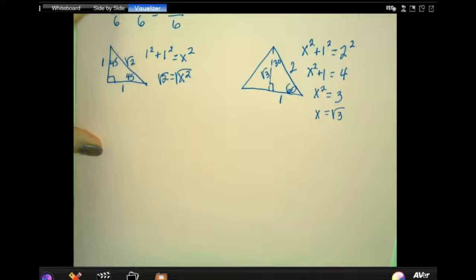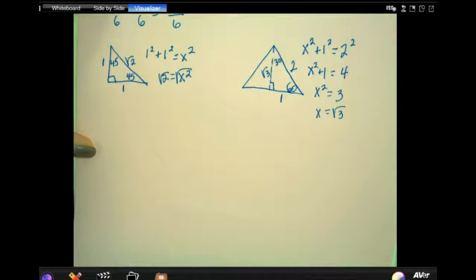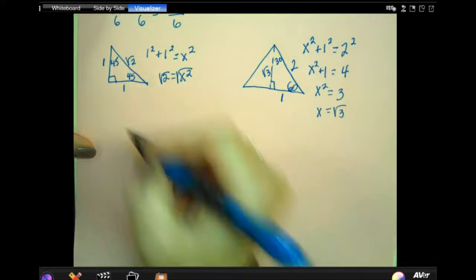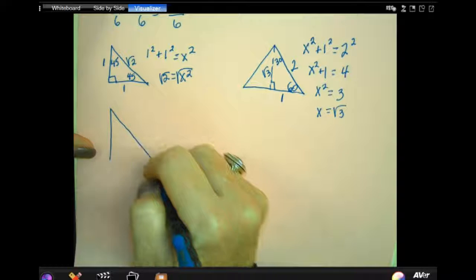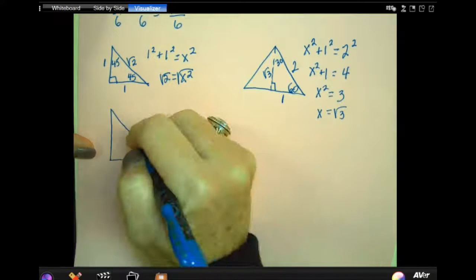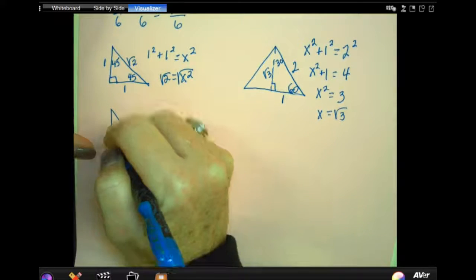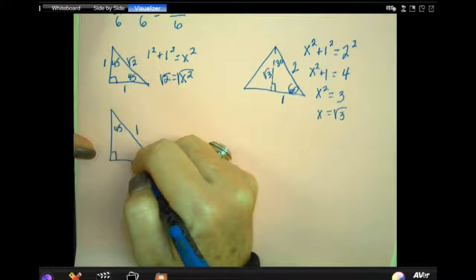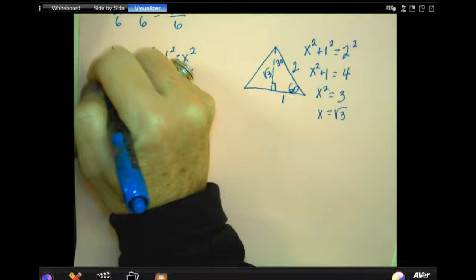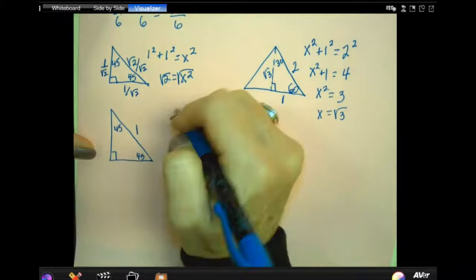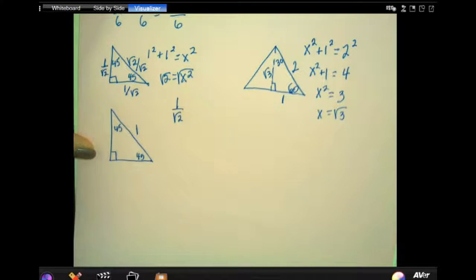And what did I say yesterday about the square root in the denominator? Can we have a square root in the denominator? No. So you have to rationalize the denominator. So when I divide by the square root of 2, this becomes 1. So I have 1 over the square root of 2.